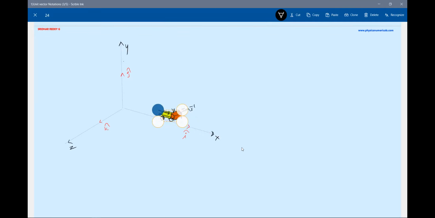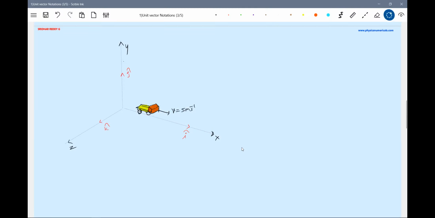So there's the velocity. What is that velocity? It is moving directly along x-axis. The speed of the truck is 5 meters. It is moving along one specific direction. What is the velocity of the truck? So the velocity of the truck is 10 meters per second along positive x-axis.